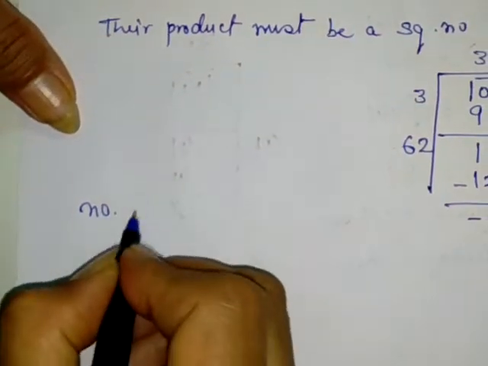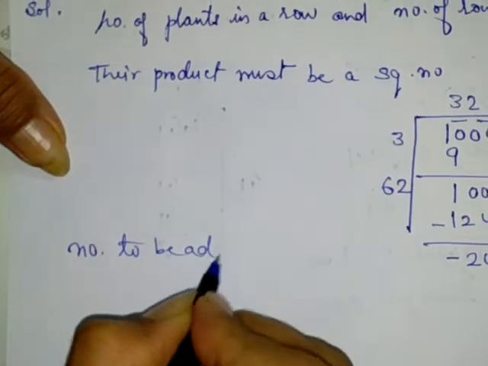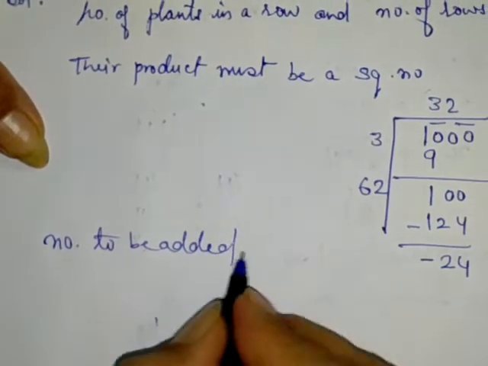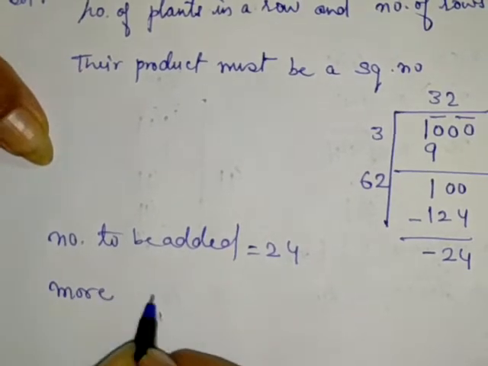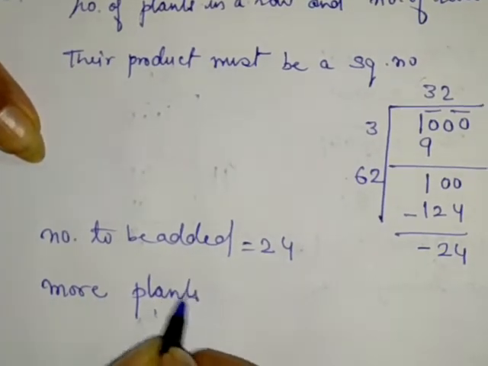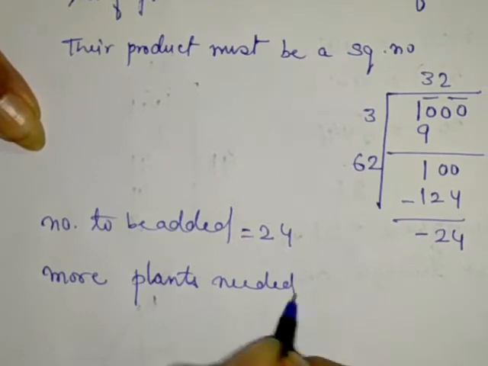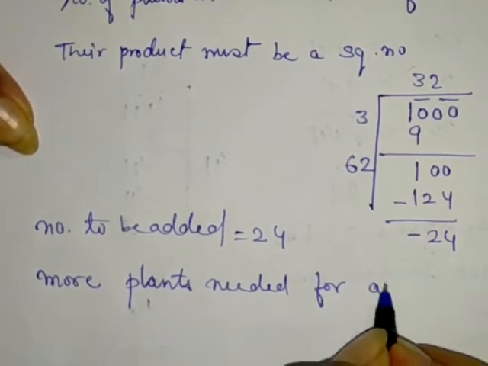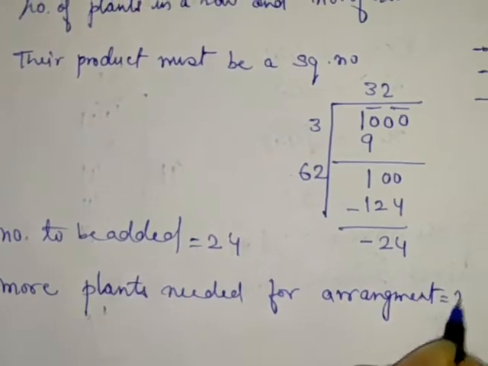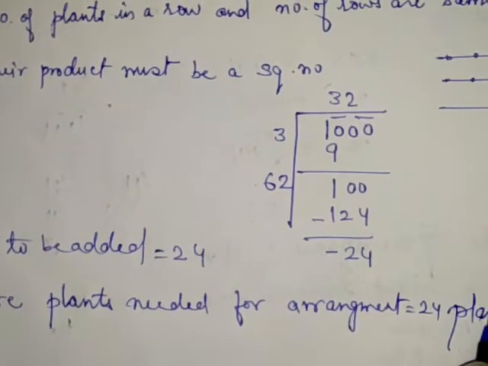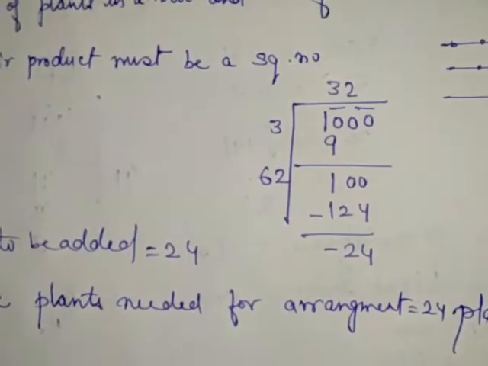Directly you get the answer. Number to be added. So what is the more number of plants? That's equal to 24. More plants needed for the arrangement is equal to 24 plants. I hope this question is clear to you.